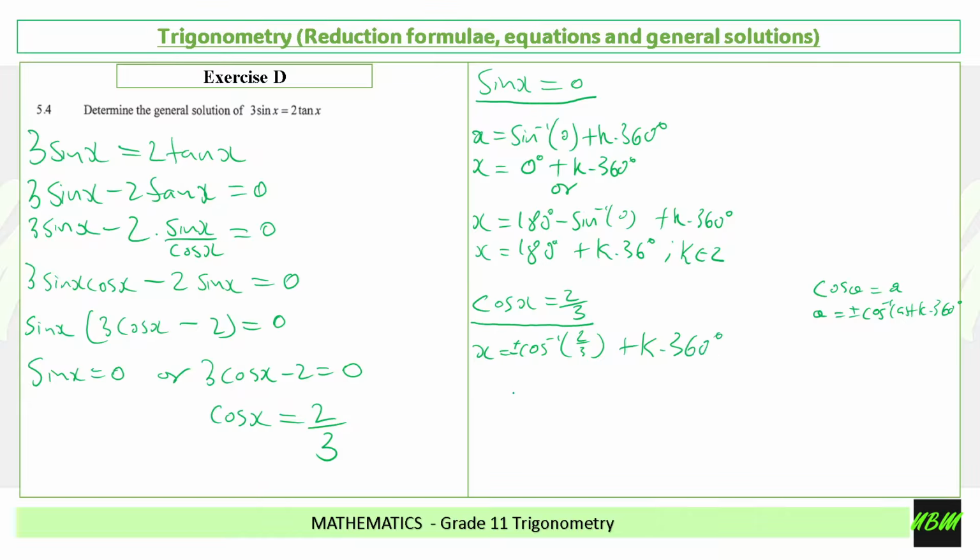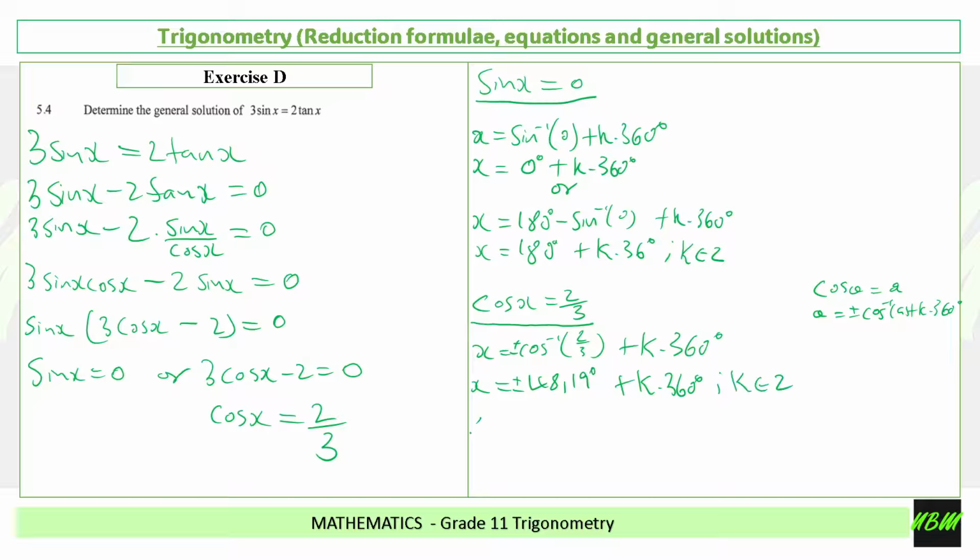So now we are just going to split the plus and minus. We can say x is equal to plus or minus, what is cos inverse of 2 over 3? Cos inverse of 2 over 3 gives us 48,19 rounded off to 2 decimal places, plus k times 360 degrees, where k is an integer.